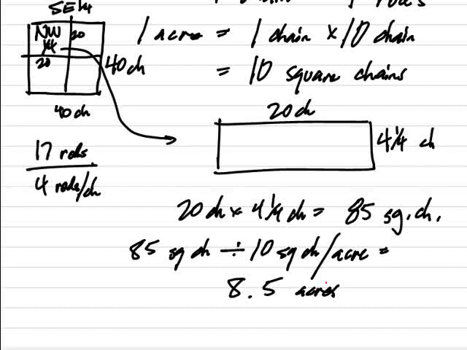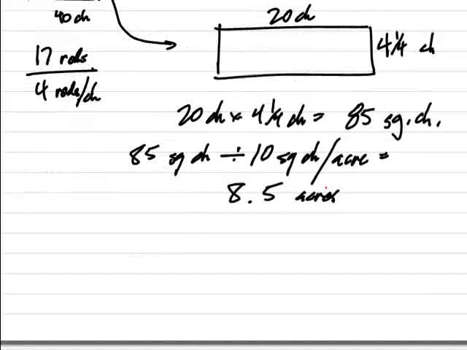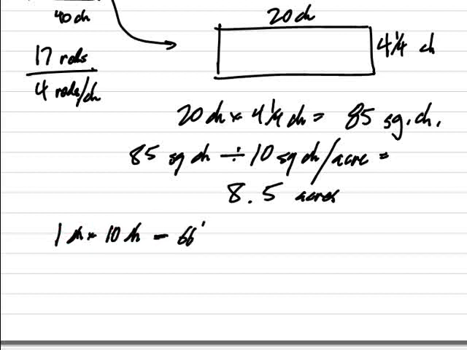See that? Rather than use feet, we could use feet, couldn't we? Let's think about this. 1 chain by 10 chains is 66 feet by 660 feet, which equals 43,560 square feet, doesn't it?